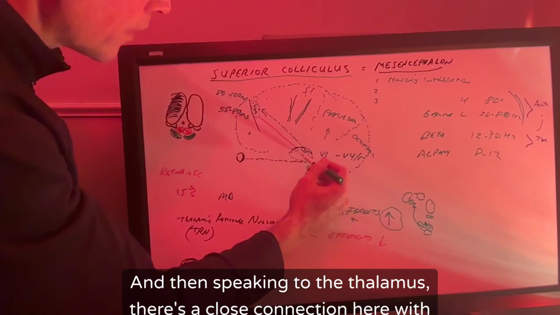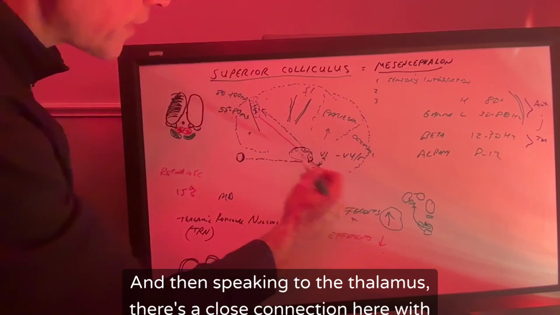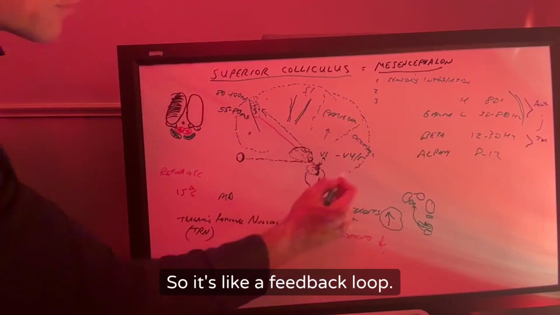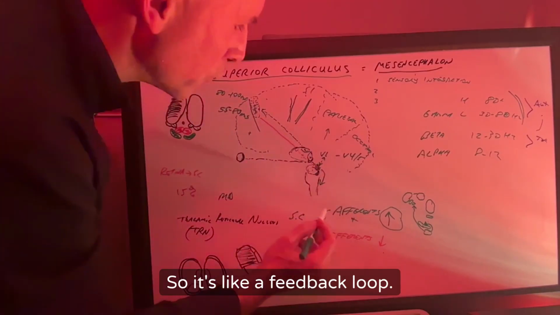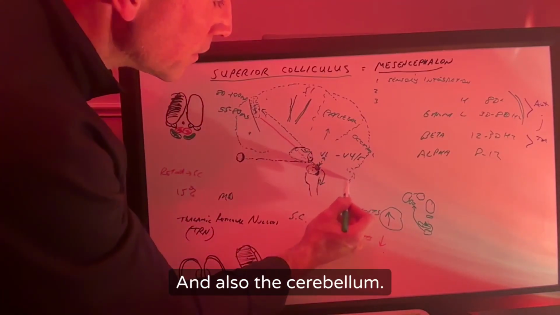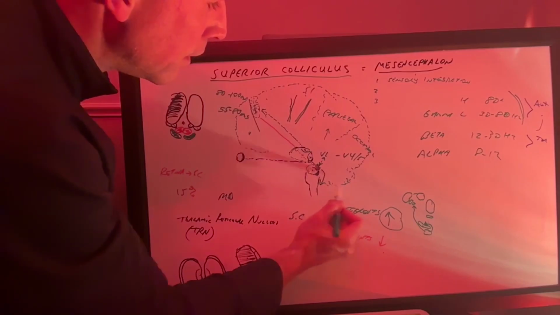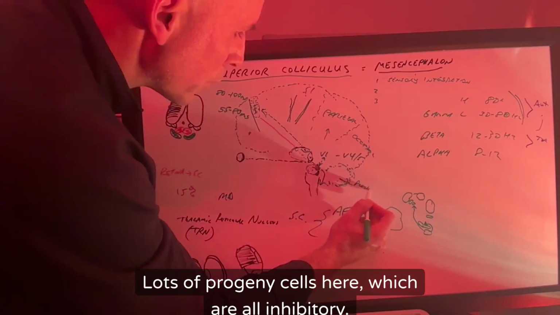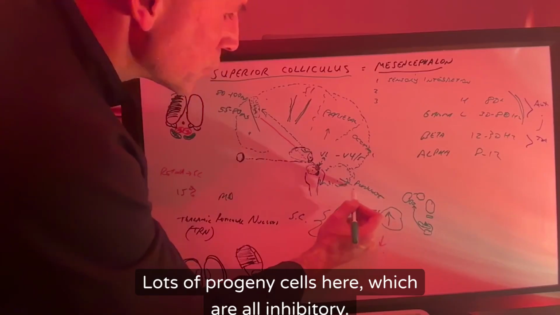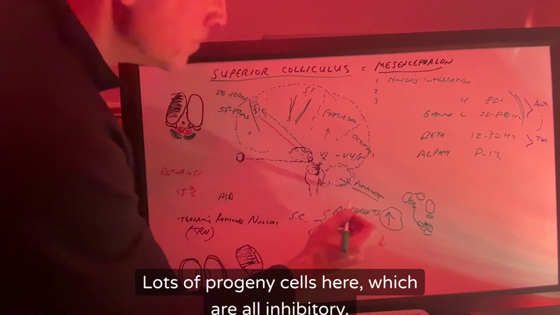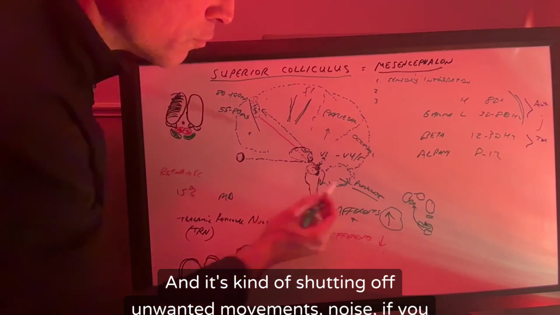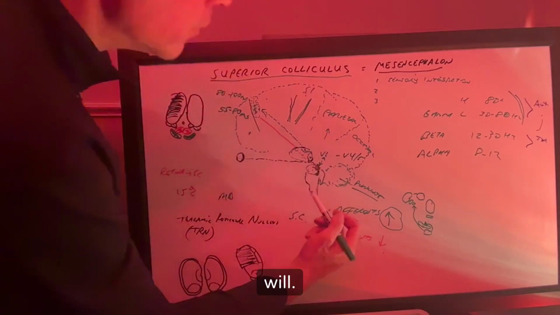And then speaking to the thalamus, there's a close connection here with the thalamus. So it's like a feed-forward, feedback loop. And also the cerebellum. The cerebellum is here with the Purkinje cells. Lots of Purkinje cells here, which are all inhibitory. And it's kind of shutting off unwanted movements, noise, if you will.